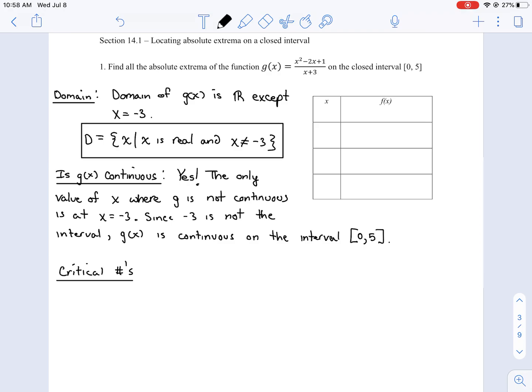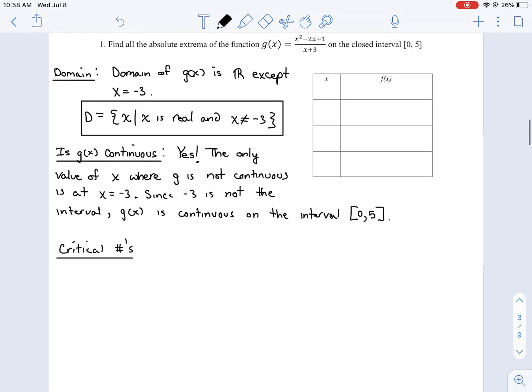Okay, so now that g of x is continuous on the closed interval, we can go ahead and find the absolute extrema. We need to do that by taking the derivative of g of x. And since g of x is a rational function, we're going to apply the quotient rule.